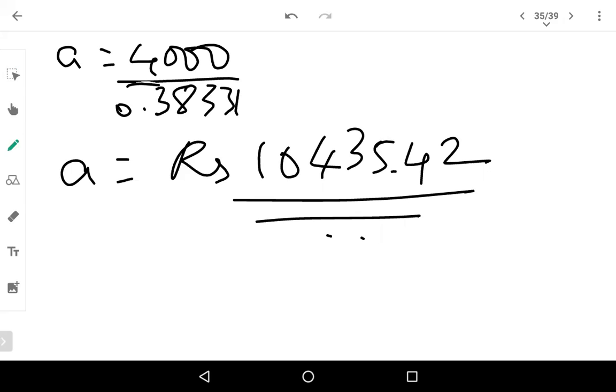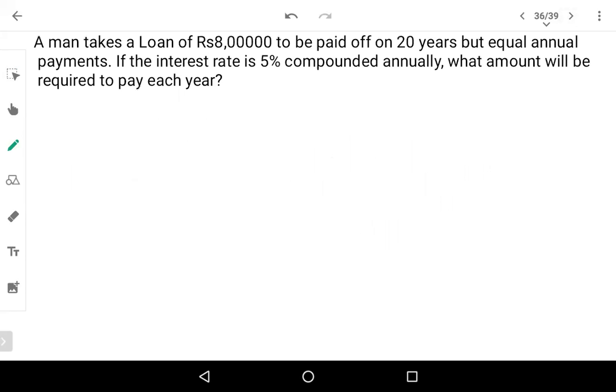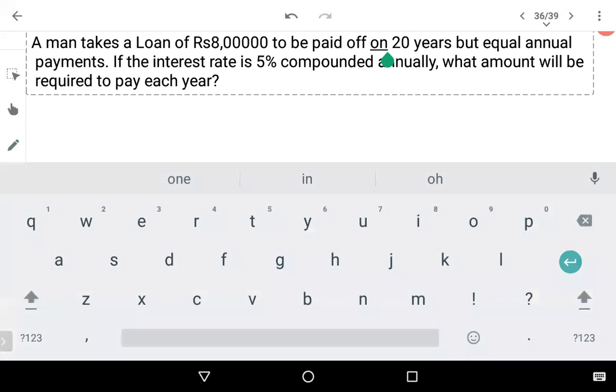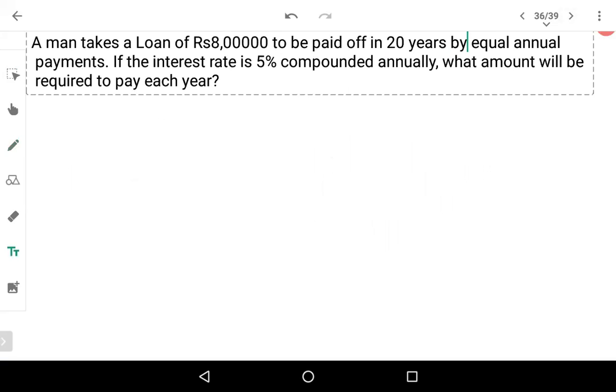Now, moving on to the next question. A man takes a loan for 8 lakh rupees to be paid off in 20 years by equal annual payments, that is by EMI.